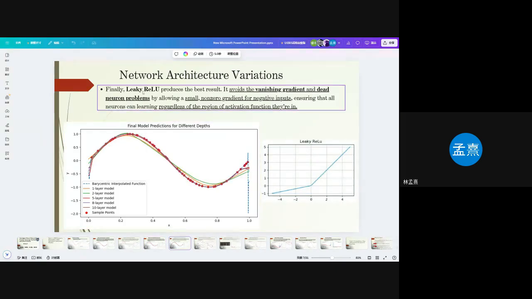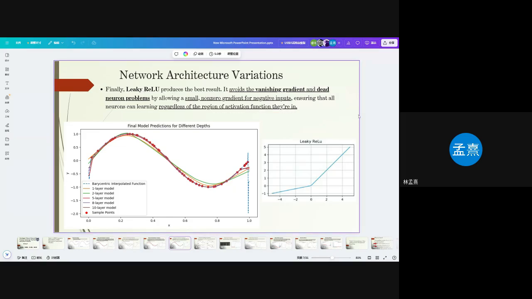And finally, leaky ReLU produces the best result. It avoids the vanishing gradient and dead neuron problem by allowing a small non-zero gradient for negative inputs. So all neurons can learn regardless of the region of the activation function they're in. Good.